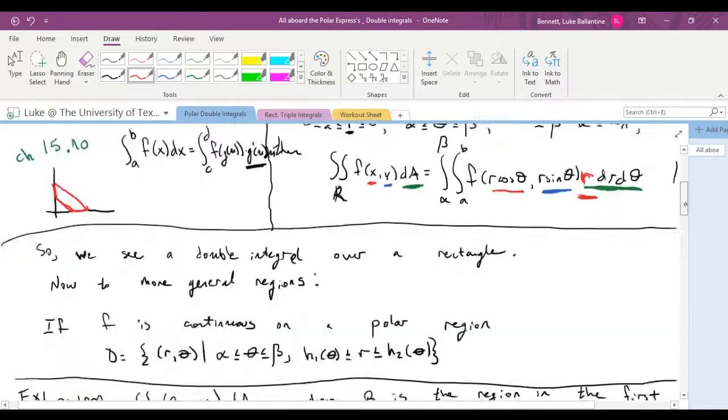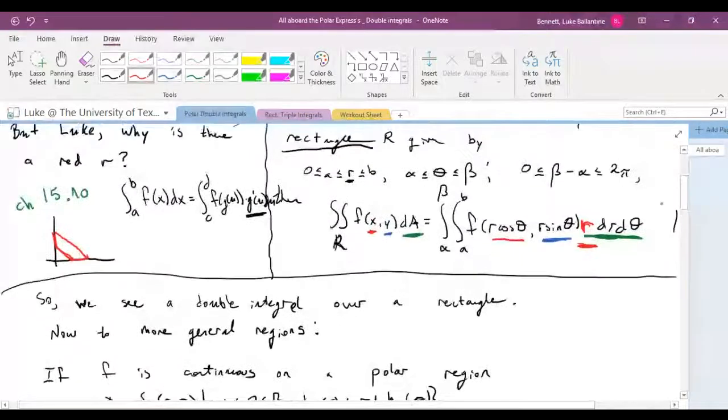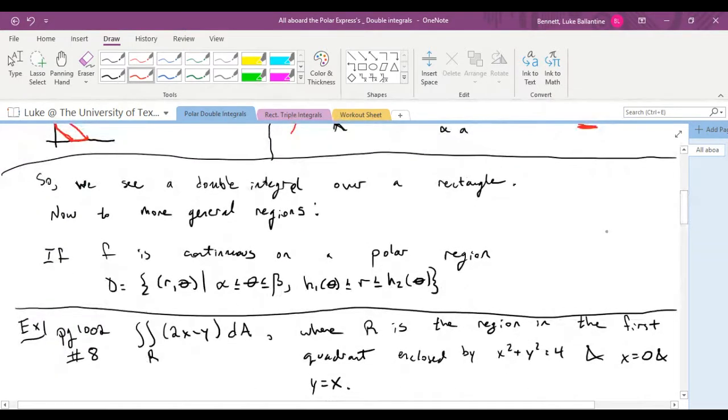So let's look at what we have next. This top one was over a rectangle, but we can do it over more general regions in polar. So you notice that theta lies in between alpha and beta, and r lies in between a function of theta and another function of theta.